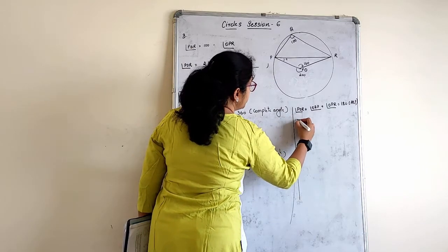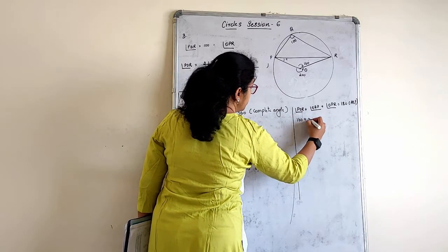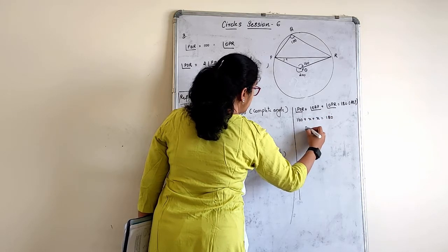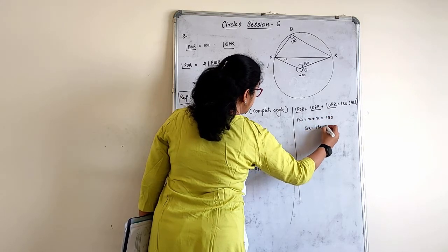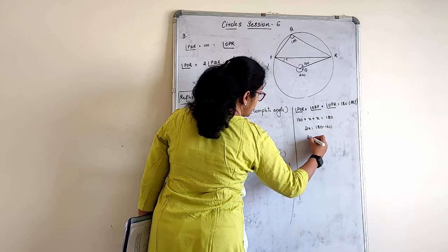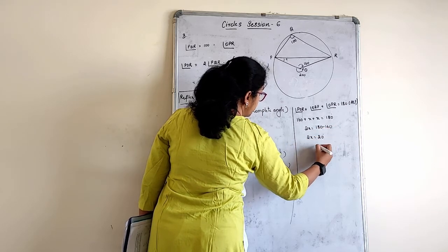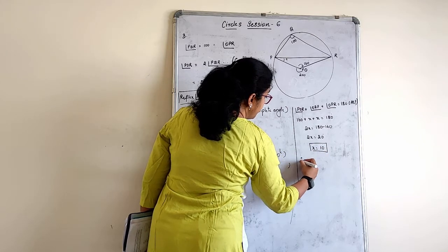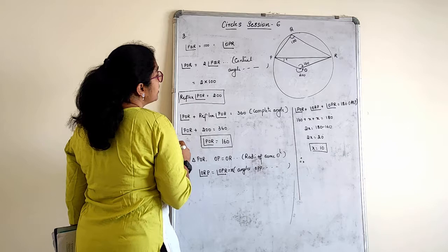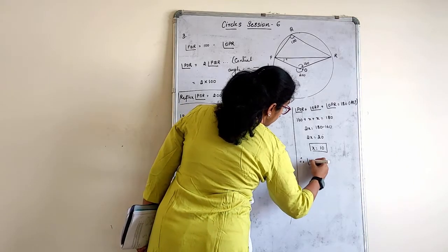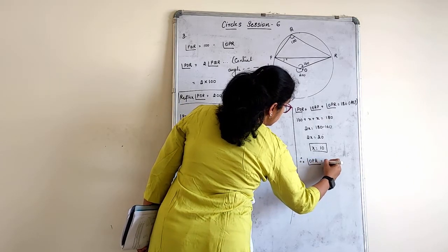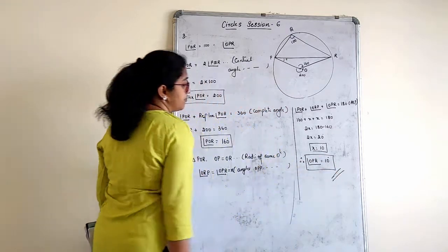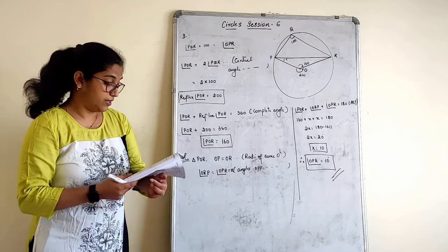Angle POR is how much? 160 plus 2x is equal to 180. 2x is equal to 180 minus 160. 2x is equal to 20. x is equal to 10. Therefore, which angle we wanted? We wanted angle OPR. Angle OPR is equal to 10 degrees. That is what we wanted to find.